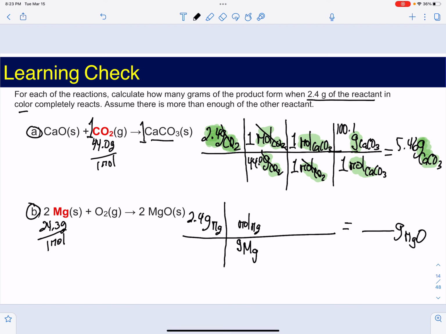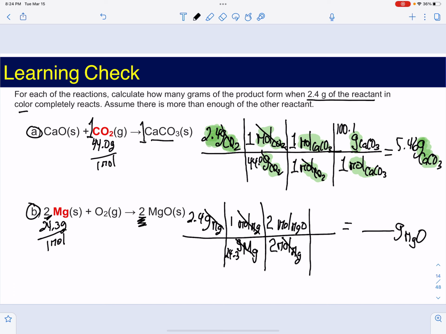And I know that for every 1 mole, there are 24.3 grams of magnesium. That allows me to cancel the grams of magnesium. That leaves me with the moles of magnesium, but I do not want the moles of magnesium because I want the moles of magnesium oxide. I get that from the balanced equation, so 2 moles of magnesium oxide for every 2 moles of magnesium.